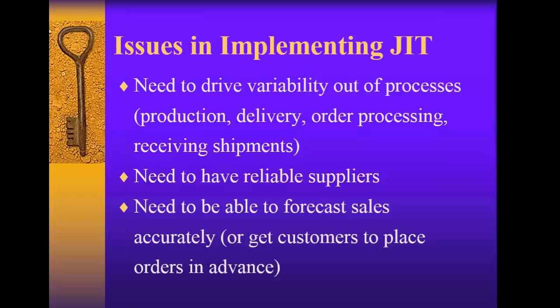You also need to be able to forecast sales or get customers to place orders in advance. What we mean by this is these vendors are relying on you because they have employees, they have suppliers that they need to get the goods from. So the trickle-down effect in terms of the supply chain can get quite complicated. The only way it works is if we're able to provide firm commitments related to sales, or as we were talking about with Dell, they're not really manufacturing.